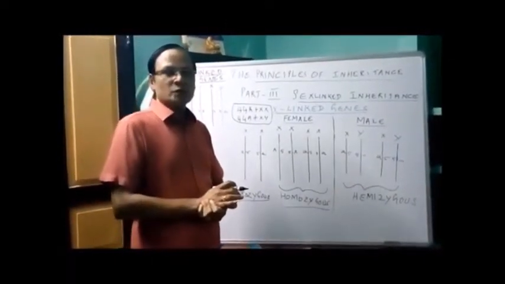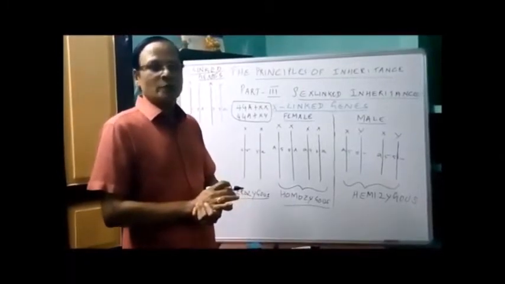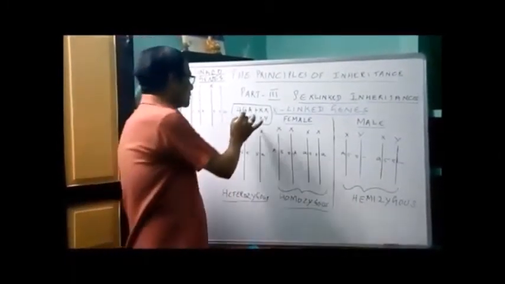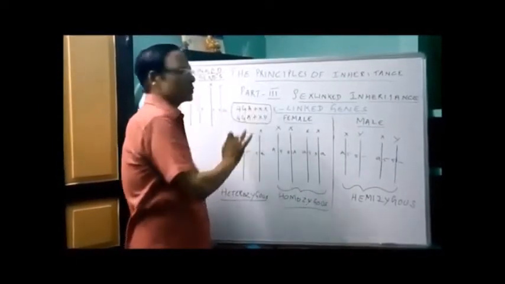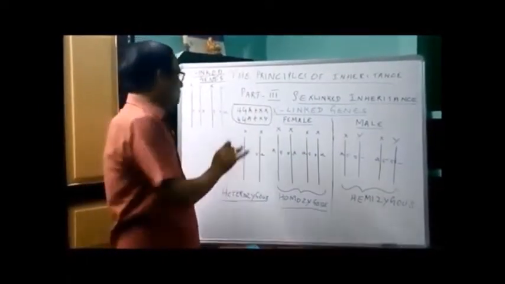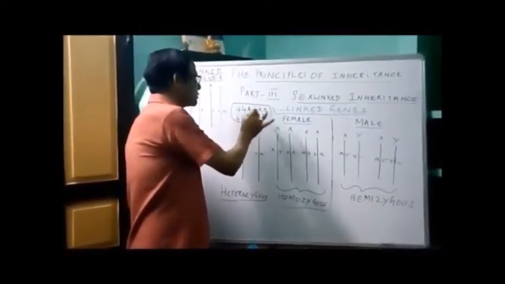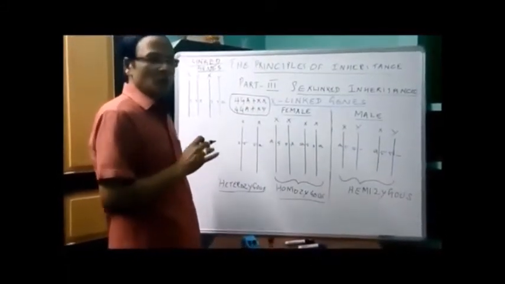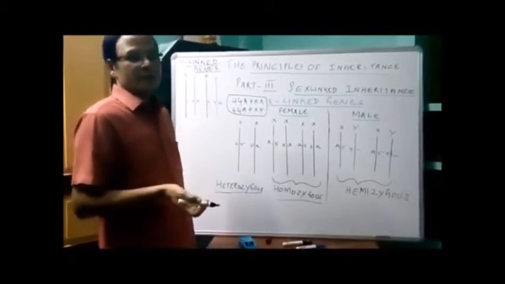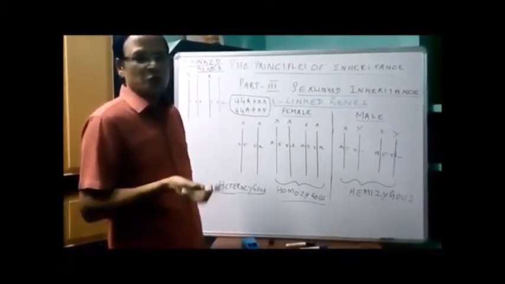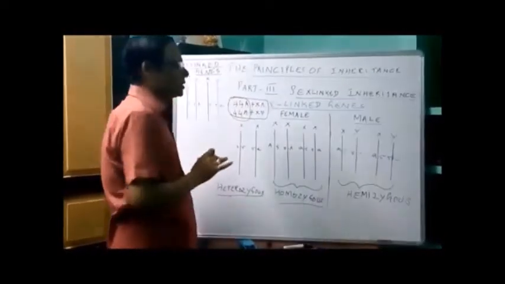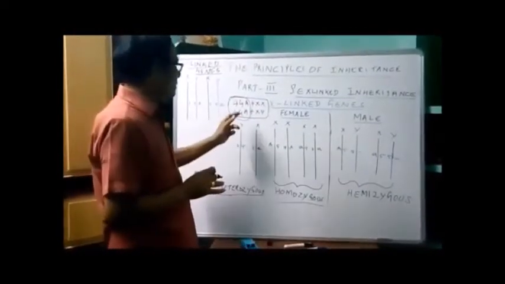If we are taking actually somatic cells of human beings, there are 46 chromosomes, 44 autosomes plus XX chromosomes in the case of female, 44 autosomes XY chromosomes in the case of male. Now, normally all body characters are controlled by genes located in autosomes.